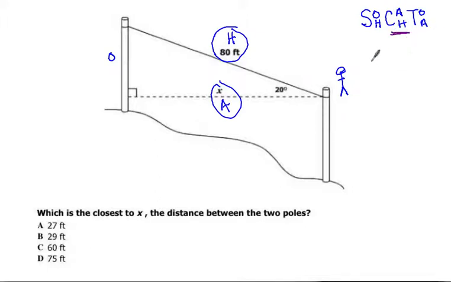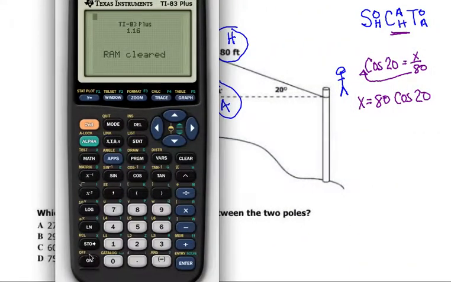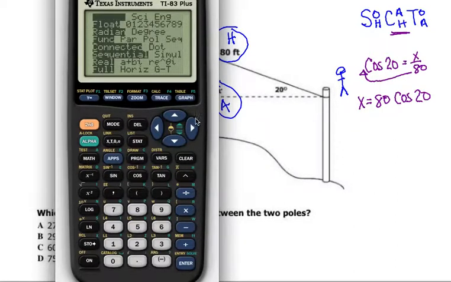Cosine. So cosine 20 equals adjacent over hypotenuse, x over 80. And when x is on top, kick the bottom out front. X equals 80 cosine 20. Plug it in your handy dandy calculator. Make sure your calculator's on degree mode.